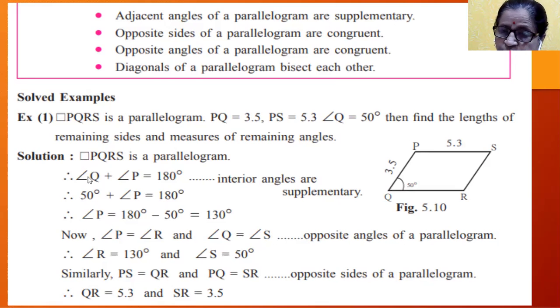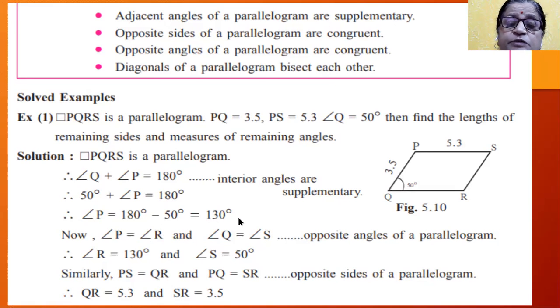Supplementary means 180 degrees. Q's value is given as 50, so we put Q's value 50 degrees and find angle P. We subtract 50 from 180 and get 130 degrees.